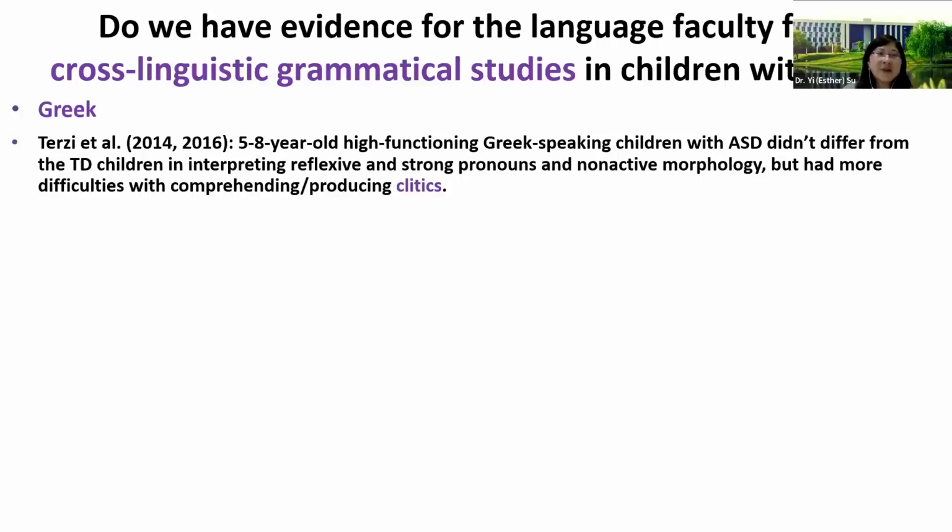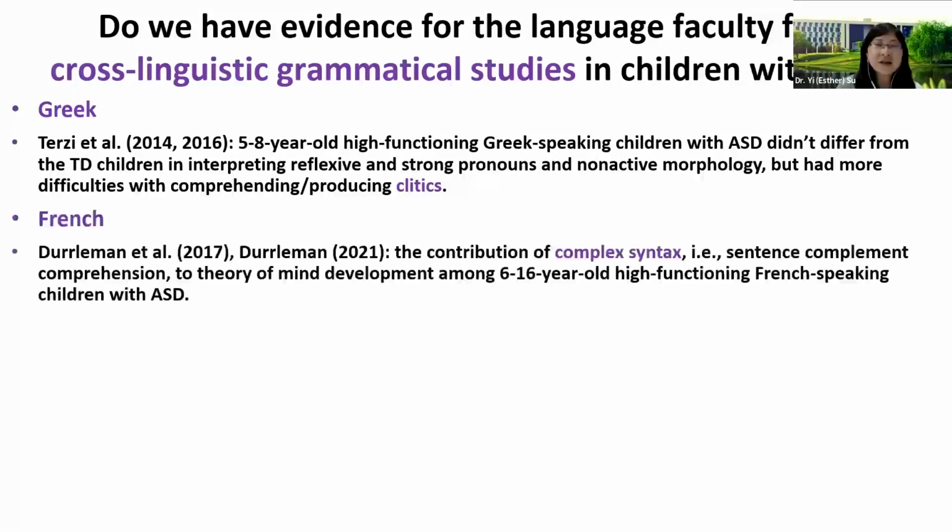In Greek, Terzi and colleagues reported that 5 to 8-year-old high-functioning Greek-speaking children with ASD didn't differ from TD children in interpreting reflexives, strong pronouns, or long-distance morphology, but they had difficulties comprehending or producing clitics.